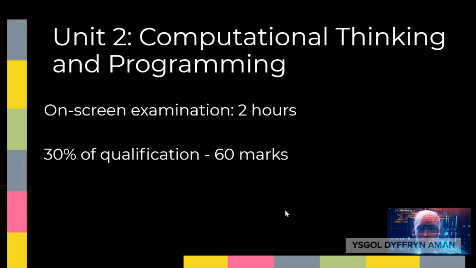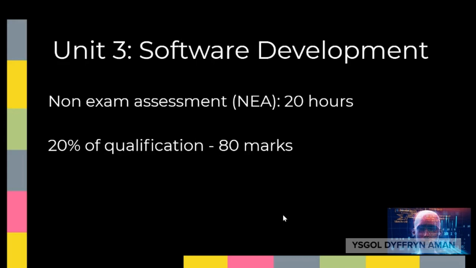It's worth 30% of the qualification and 60 marks. Unit 3 is Software Development, a non-exam assessment, which is coursework. It can take up to 20 hours, is worth 20% of the qualification and 80 marks.